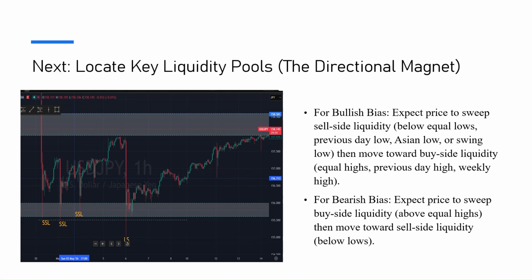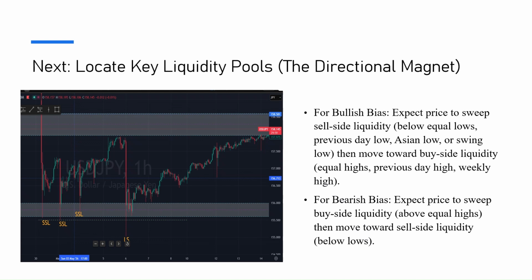Those are also areas of liquidity. But if it's a bearish bias, we expect price to sweep buy side liquidity, which we can find above equal highs, maybe old highs, order blocks and fair value gaps, before moving down to the sell side, which is our target.